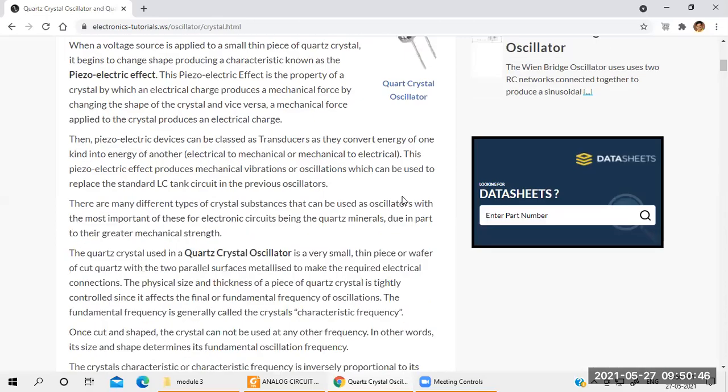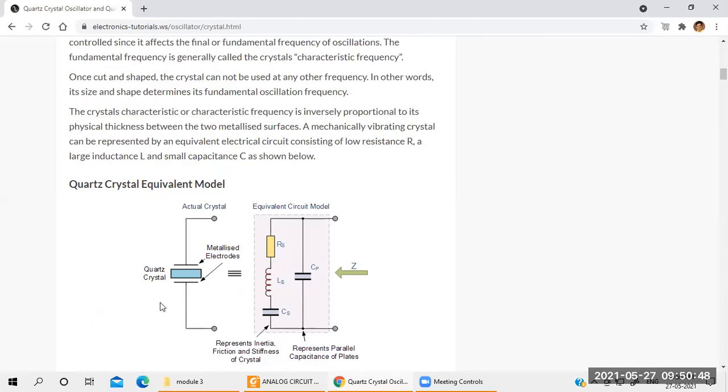Next we'll move on to the circuit diagram of the crystal. This is the circuit diagram for the crystal. See here, the crystal is connected between two parallel plates of a capacitor. See this figure here. Is it visible? Bhumika, is it visible, this diagram?